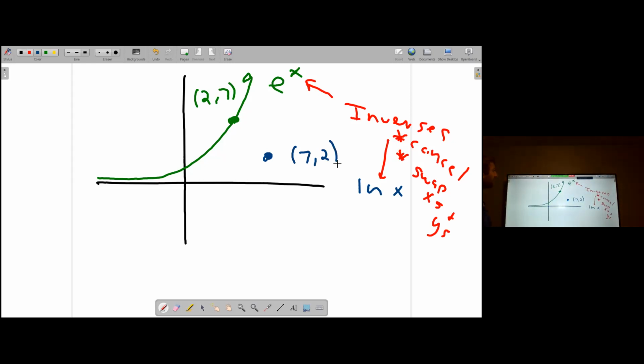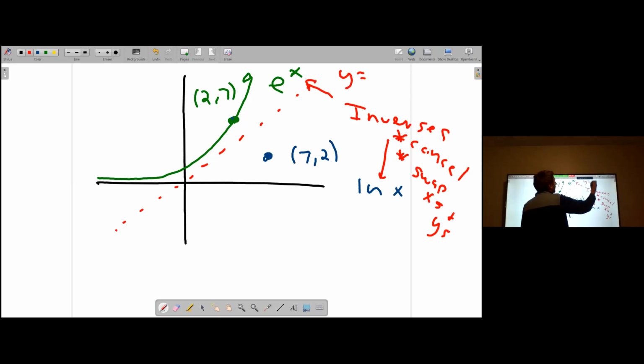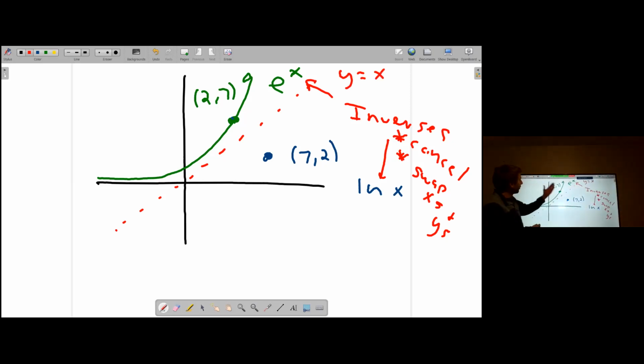And this point and this point are a mirror image in a way, right? If this line y equals x were a mirror, you'd flip this point right onto this point. It's not a perfect drawing, but you kind of get the idea.